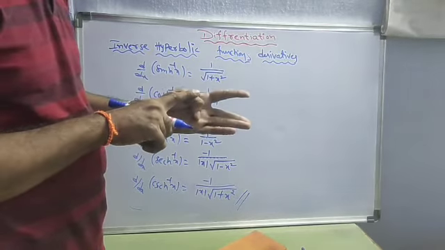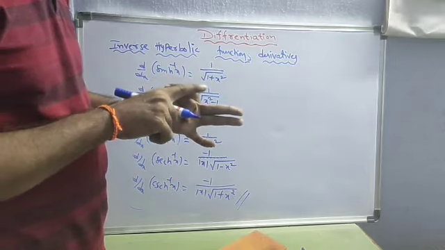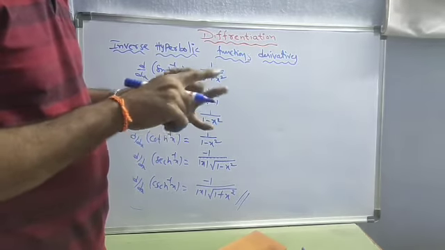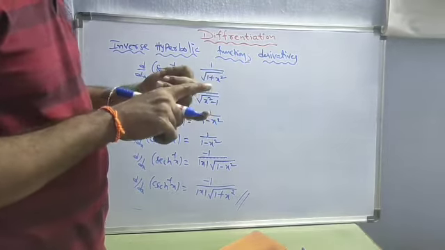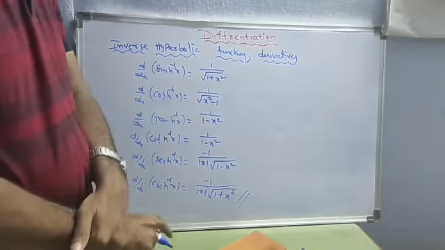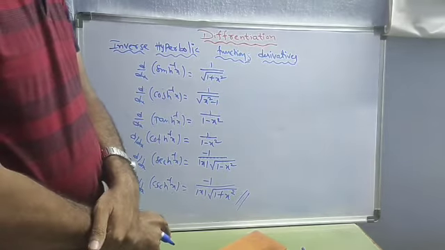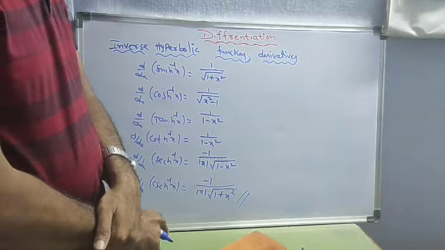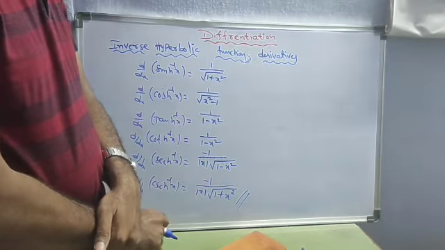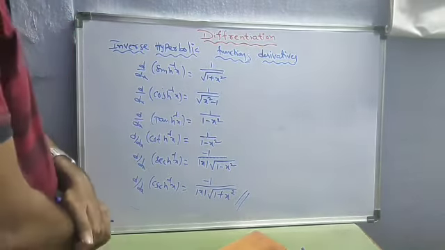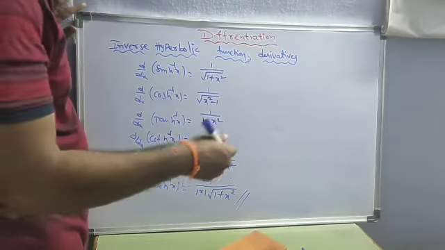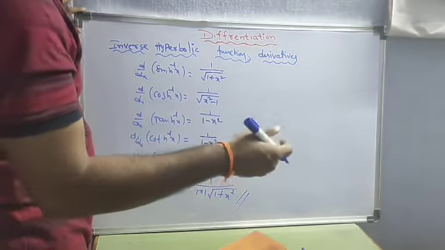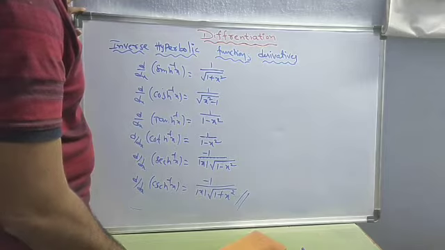Okay, so total now we are discussing algebraic formulas, derivatives, trigonometric, hyperbolic, inverse trigonometric, and inverse hyperbolic. Almost 26 to 28 formulas. Okay, almost 30. If you are taking the applications, easily we can total 30 formulas.